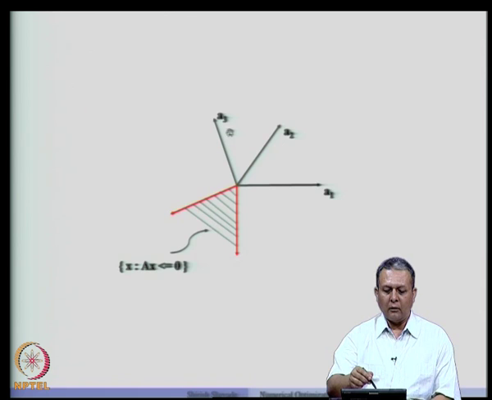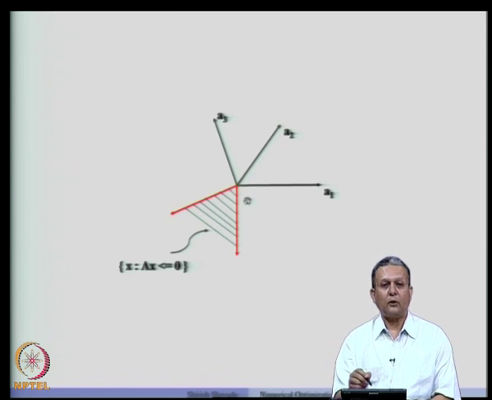So, a1 transpose x less than or equal to 0 is the set of all vectors x which do not make an acute angle with the vector a1. Okay. So, if we draw in 2-dimensional space, if we draw perpendicular vectors to a1, one is this and the other one is this.